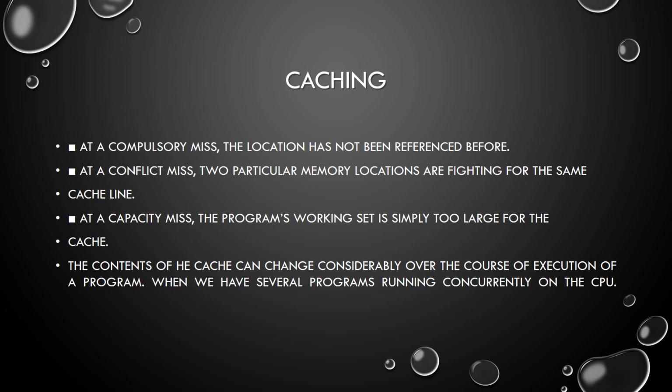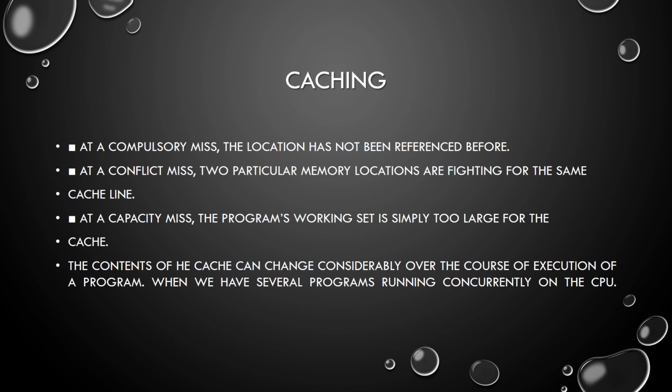Then coming to the caching. We introduced the cache because it substantially reduces the memory access time when the requested location is in the cache. However, the desired location is not always in the cache, which is called the cache miss penalty. The amount of variation depends on several factors in the system architecture, but a cache miss is often several clock cycles slower than a cache hit.